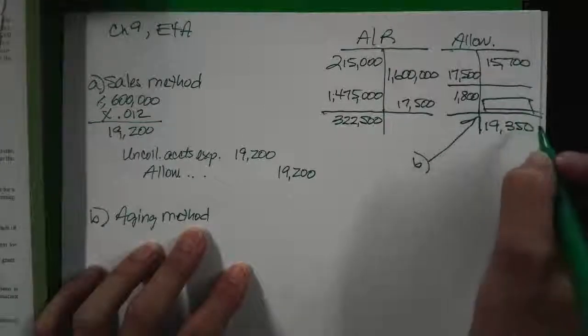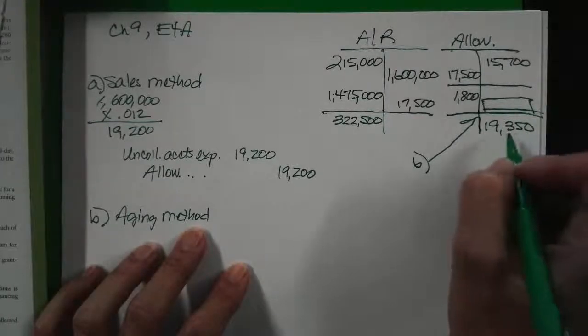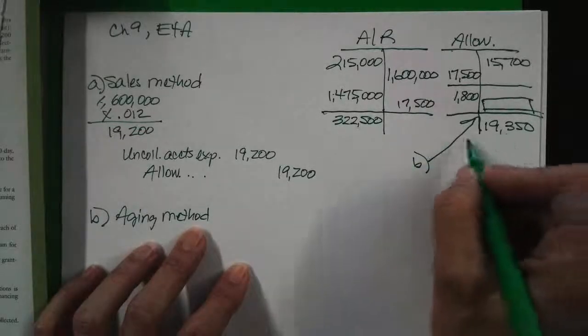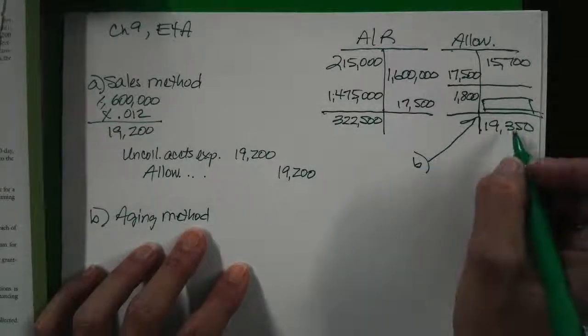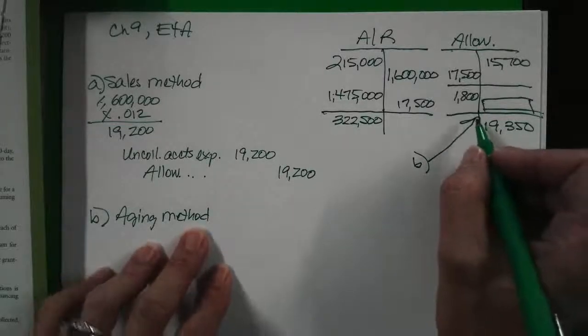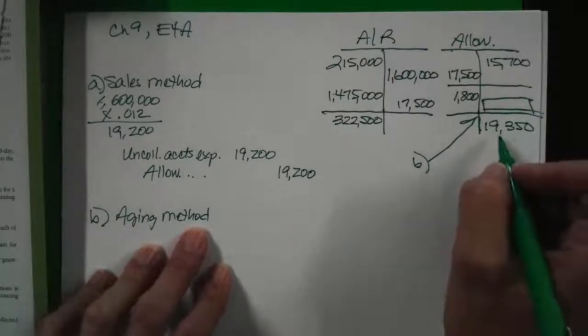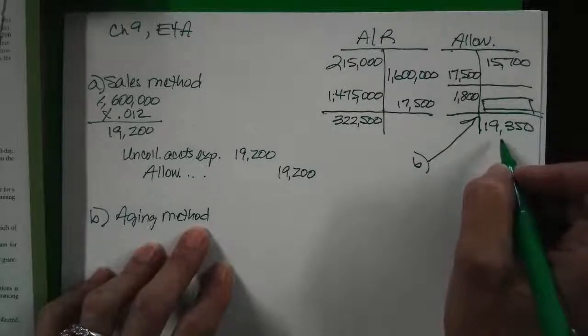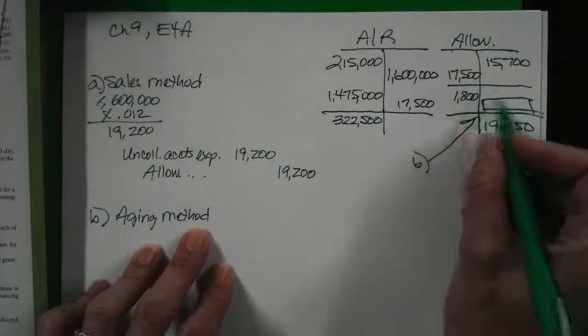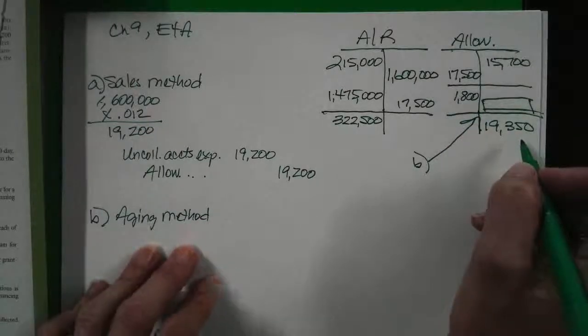Because management thinks 19,350 out of this 322.5 will go bad. So I've got to find a number that will get me to 19,350. Well, we've got an $1,800 debit balance, so the number's got to be $1,800 bigger than 19,350 to make it go to zero and then make it go to a credit of 19,350.